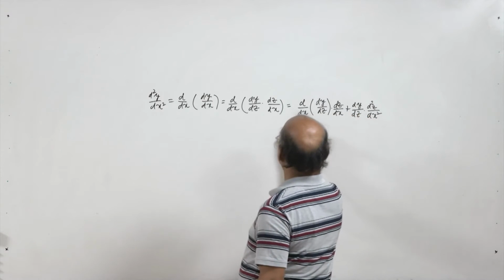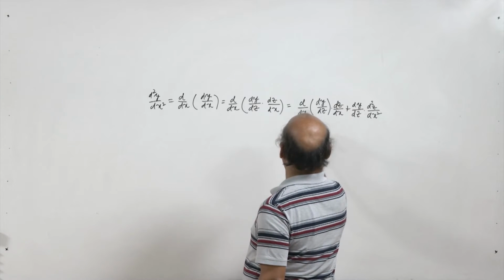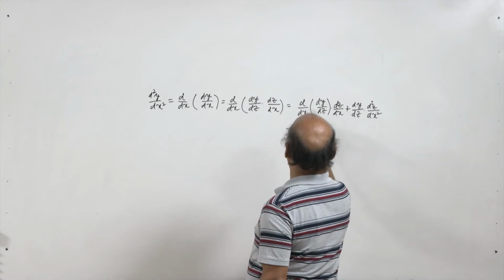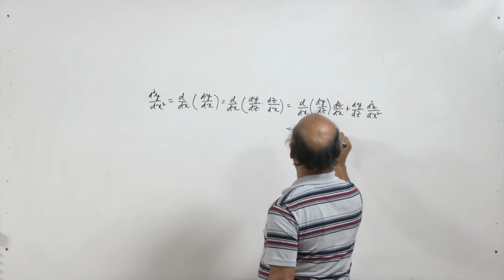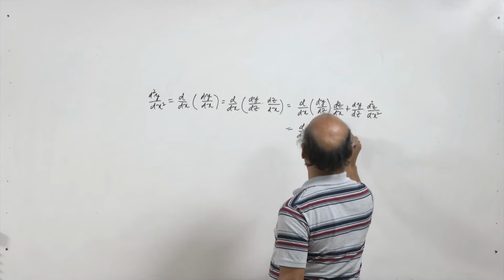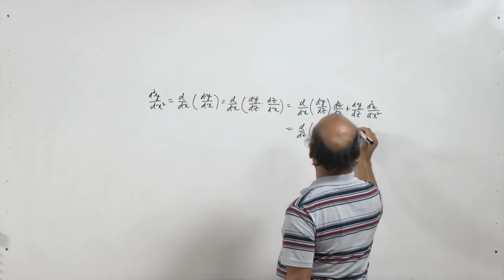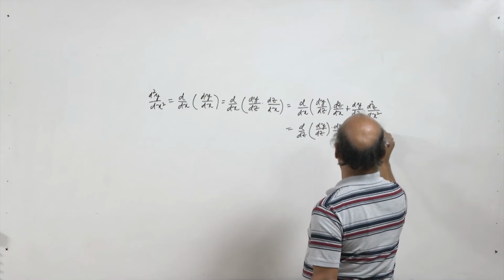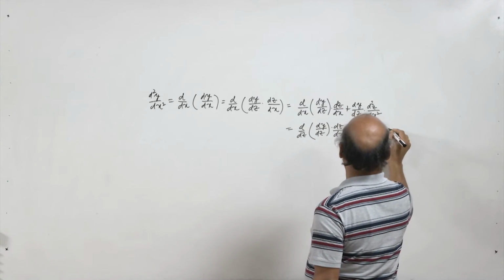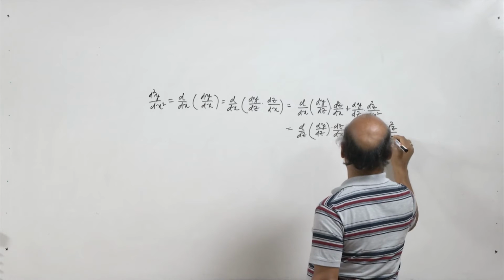Now this can be further expressed as d/dz of dy/dz, because z is a function of x, into dz/dx into dz/dx plus dy/dz into d²z/dx².